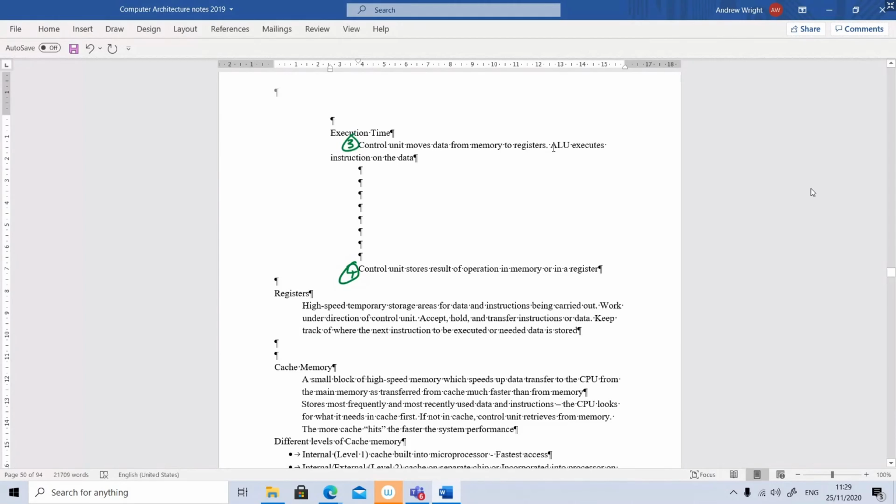That should be "if necessary", which I can't spell, ALU. So if it's a mathematical thing, like 3+, then it will need the ALU.